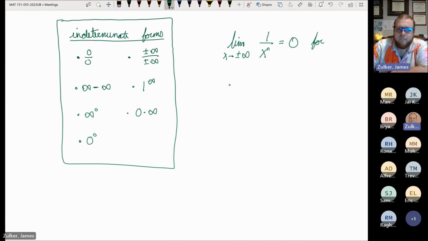Now, for positive n, the limit of that as x approaches either positive or negative infinity is 0.